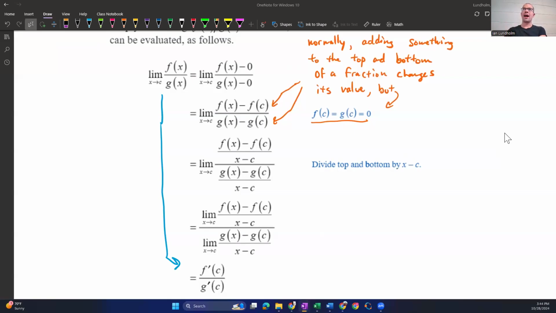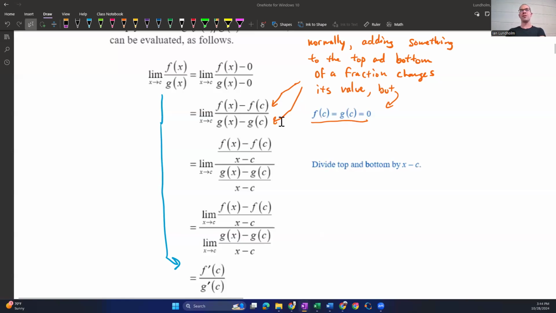One thing I wanted to highlight is that in these steps to show that these are equivalent, we are relying on the fact that f of c is equal to 0 and g of c is equal to 0. So we're getting that indeterminate form at the point c. Normally, if you add something to the top and the bottom of a fraction, that's going to change the value of the fraction. But in this case, both of those are equal to 0, so it doesn't change the overall value of the fraction.